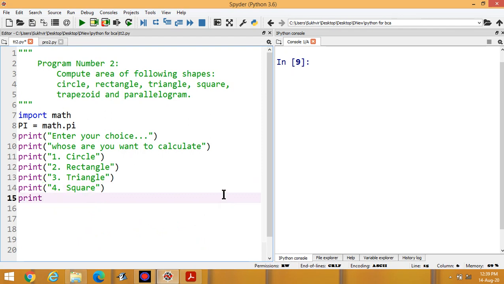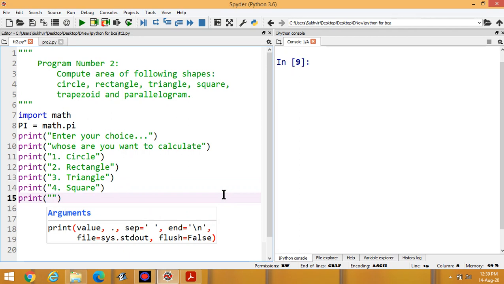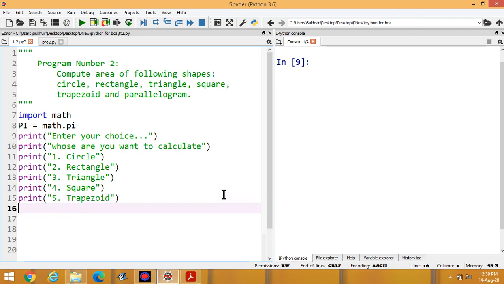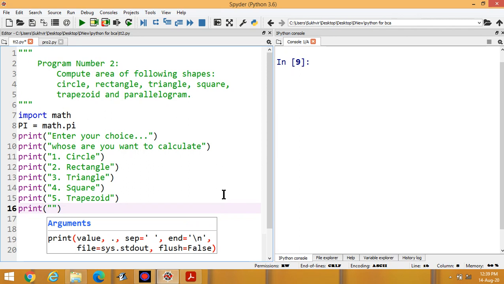And then the next one is trapezoid, and the next is number 6, parallelogram.